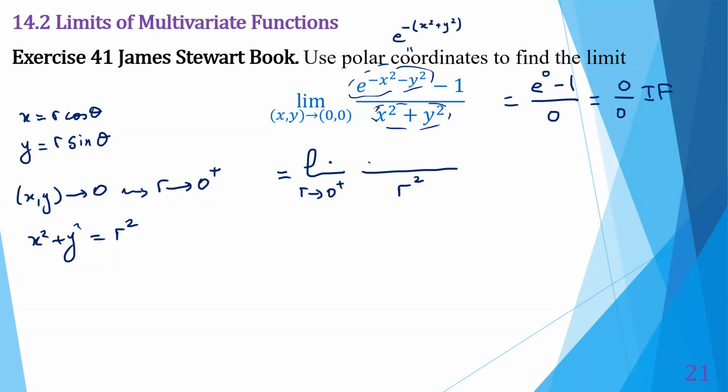So we can also rewrite it as exponential minus r squared minus 1. So this limit is rewritten in polar coordinates in this way. If we replace r by 0, we get exponential 0, which is 1, minus 1 is 0, over 0, still in the indeterminate form. Of course, we didn't simplify yet.